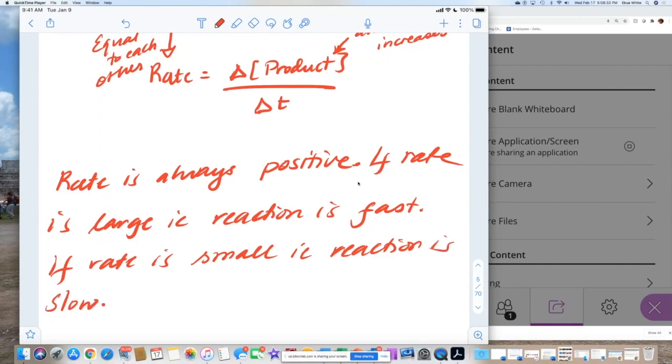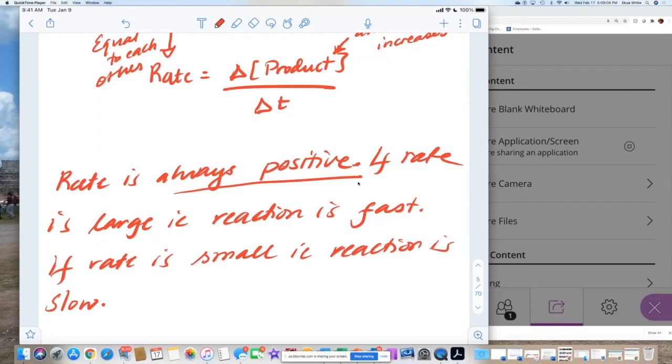Okay, so a small rate value just means the reaction is slow, not a negative rate value. So in chemistry, the rate is always positive, it's never negative. Okay, in physics, if a body is moving forward and its acceleration is increasing, it can decelerate. And here there is no deceleration as far as the reaction is concerned. So we have a fast rate and we have a slow rate. Okay, big rate, small rate.